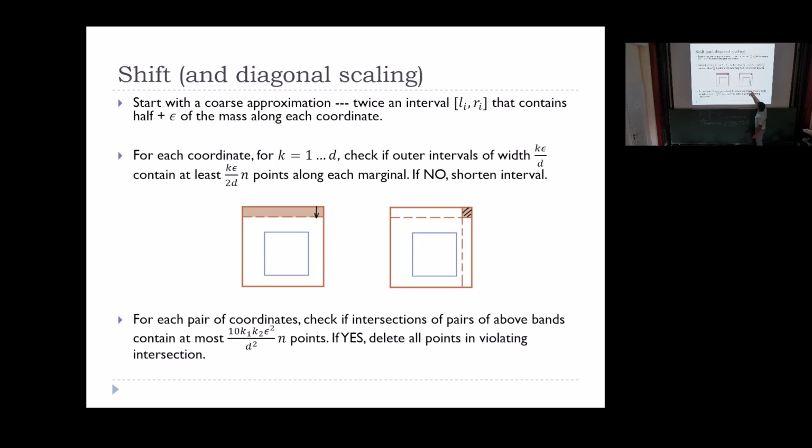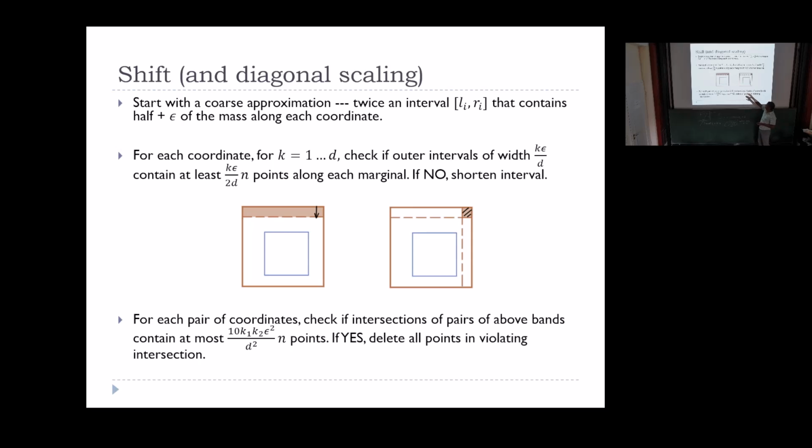They are supposed to contain an epsilon over d width fraction of points. If they contain very few, I'll move in the boundaries. Few means smaller by a constant fraction: if it's less than half what it should be, we'll move in the boundary.